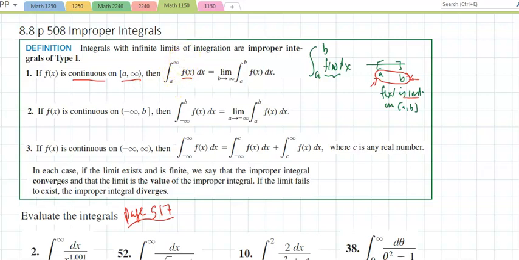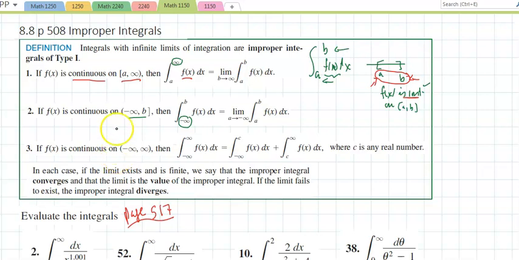Well, this is one of the exceptions. Or if f is continuous on negative infinity to b, so this part is still defined, except now you have a negative infinity instead of a, which is a finite number, and b, which is a finite number.